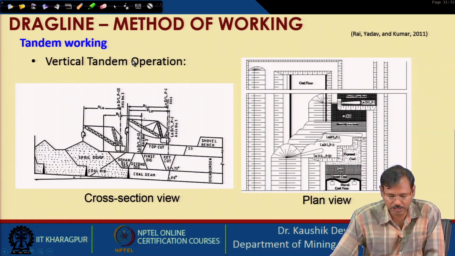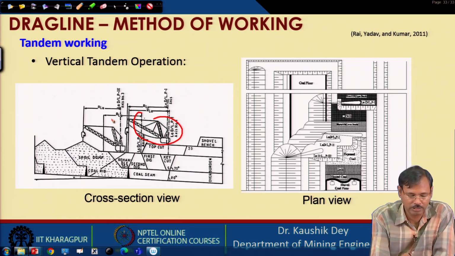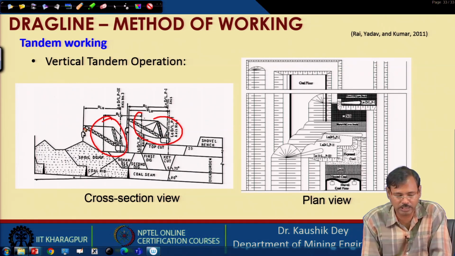The similar operation can be carried out in the vertical tandem method also. In the vertical tandem method, the first one is standing on an upper elevation, and the second drag line is standing on a lower elevation.